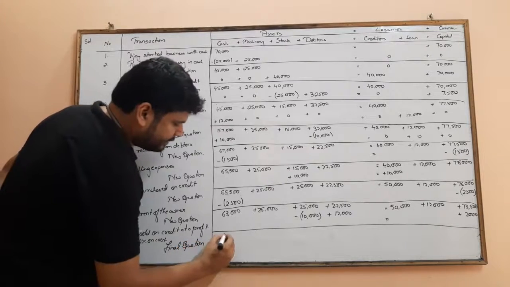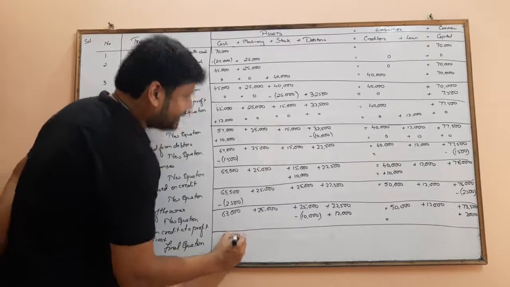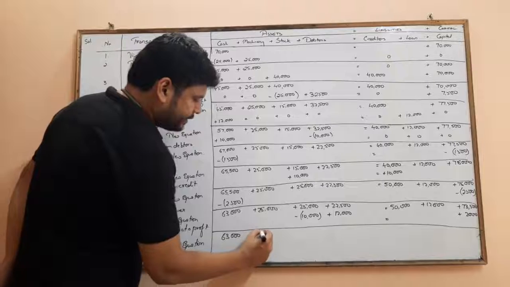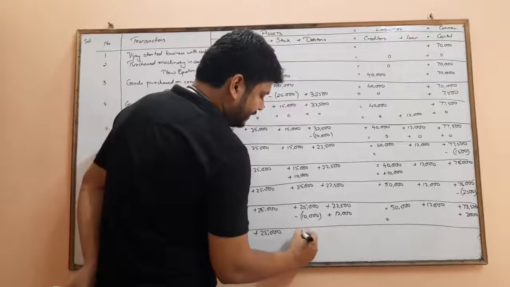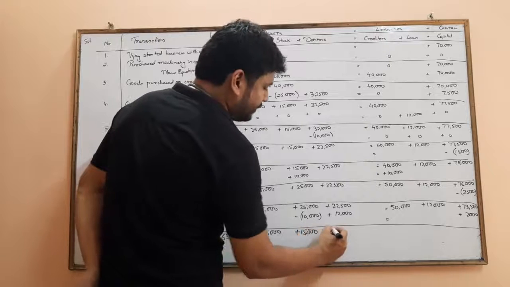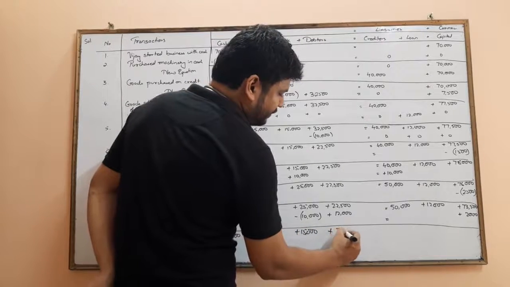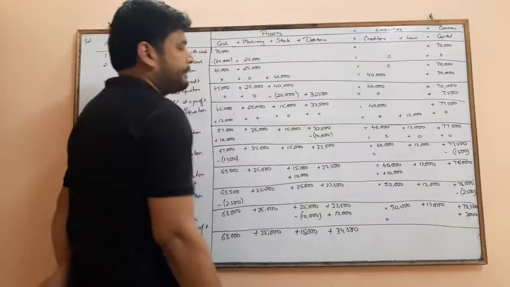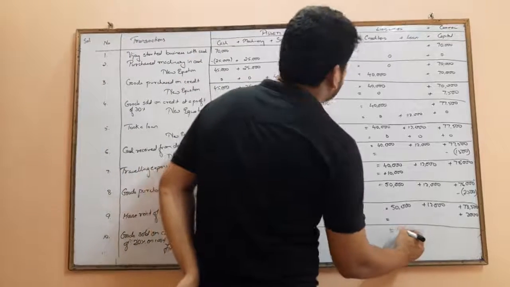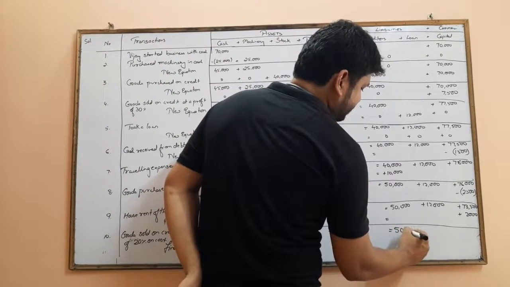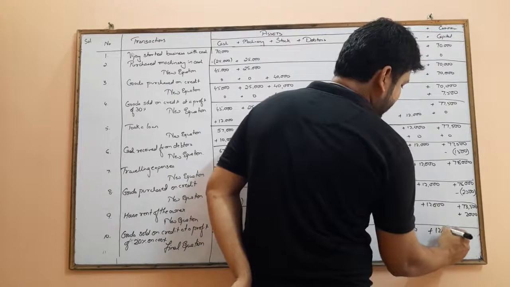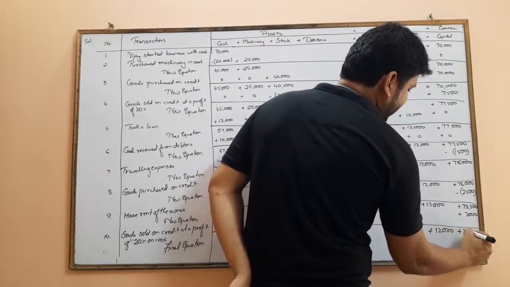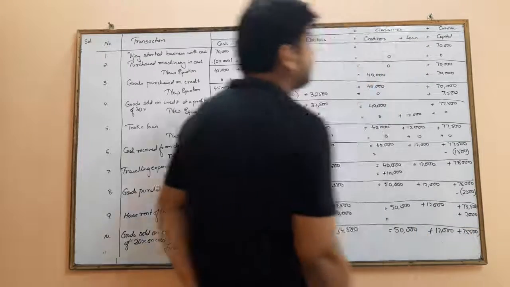So after this transaction my final equation will be 63,000 cash, machinery 25,000, 15,000 in the form of stock, debtors 34,500, creditors 50,000, loan is rupees 12,000 and 75,500 in the form of capital.